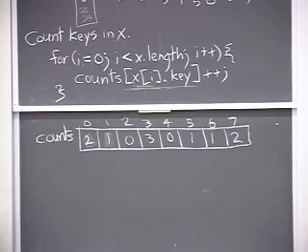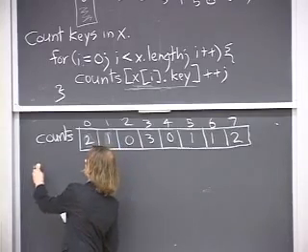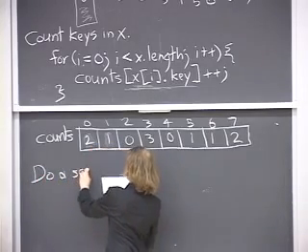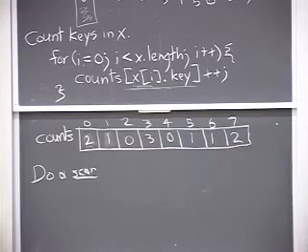The next thing we're going to do is something called a scan of this array. And what a scan does is it walks through the array and it adds up the numbers.